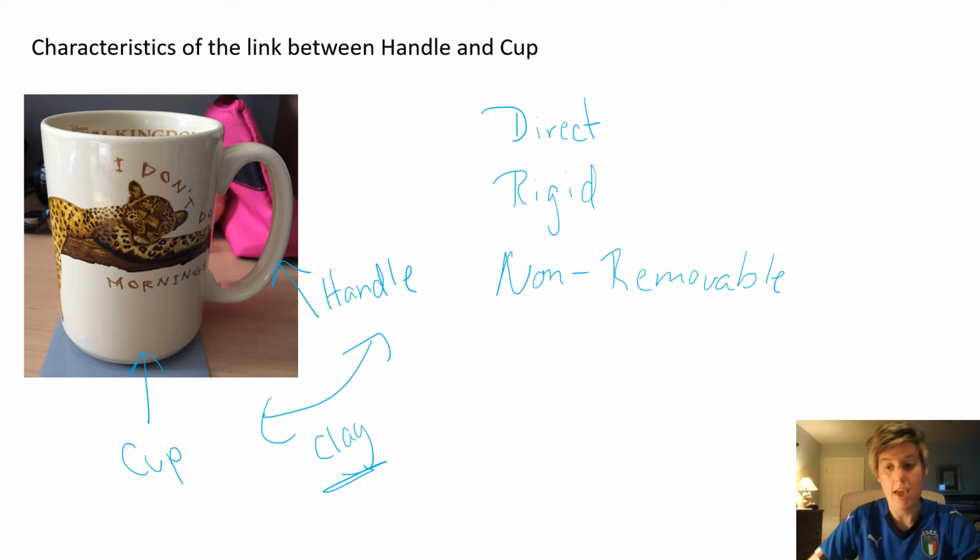If you take the handle off the cup, you've broken those two materials. And it is also complete. There is no independent movement between the handle and the cup. If there was, you would have broken the material.